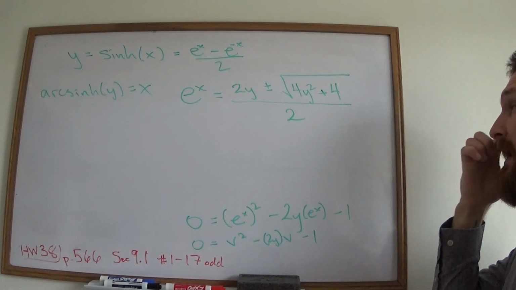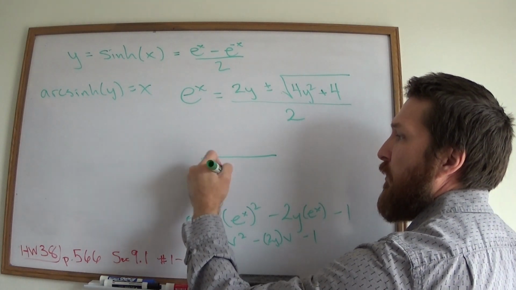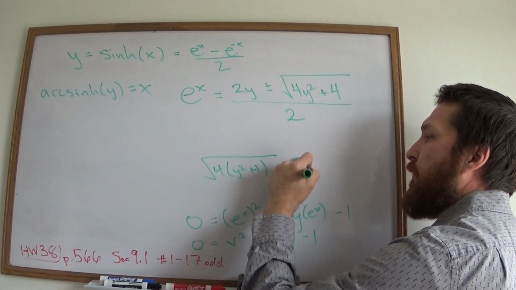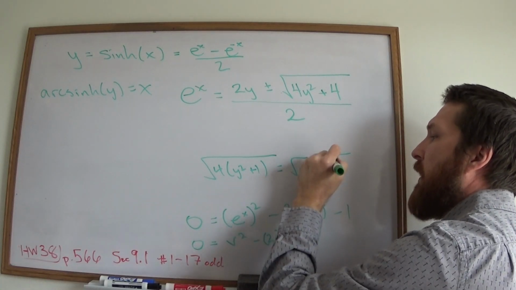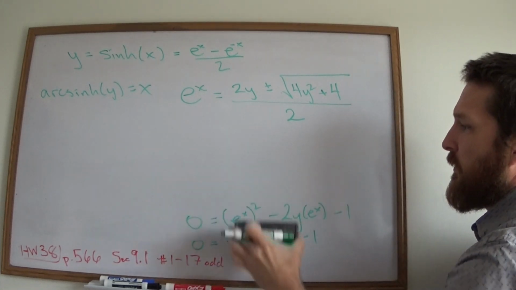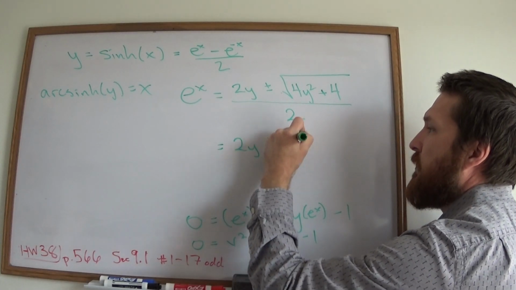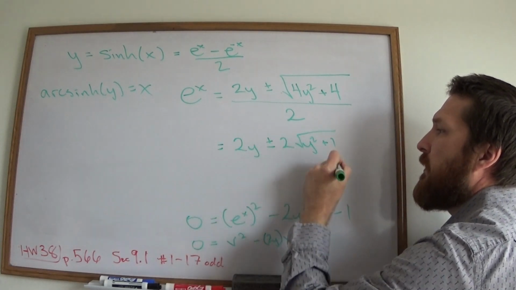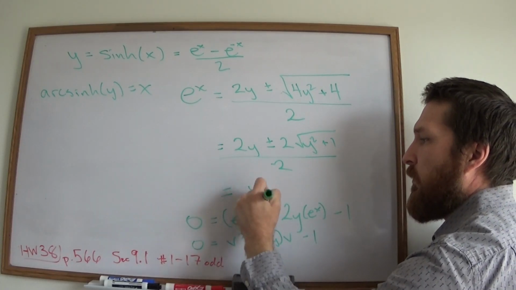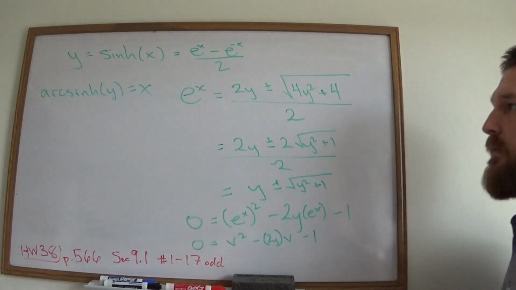Now I can simplify this by pulling out 4, which gives me 4 times y squared plus 1, which is root 4 root y squared plus 1. That's just 2. So this is 2y plus or minus 2 root y squared plus 1 all over 2, and the 2s divide, we get y plus or minus root y squared plus 1. Now we're almost there.